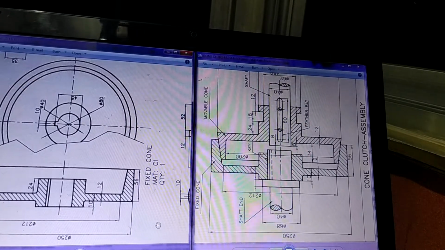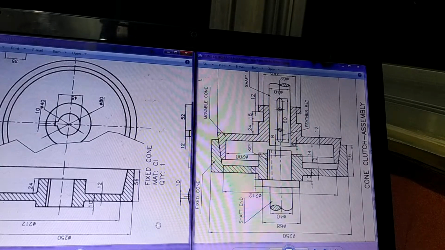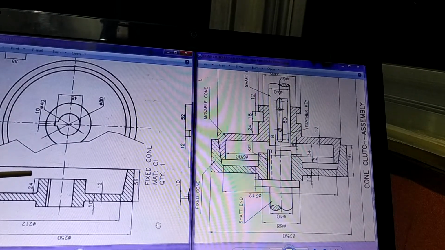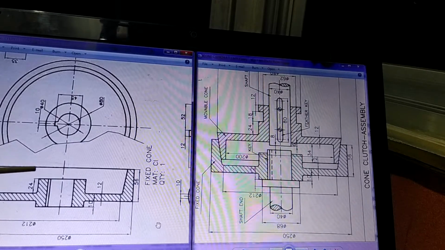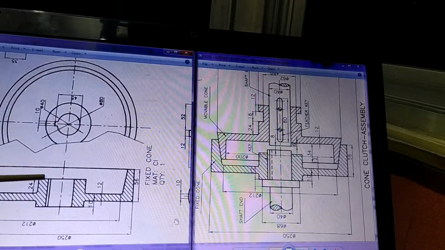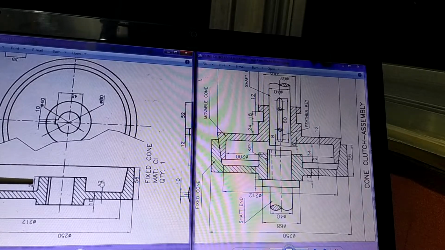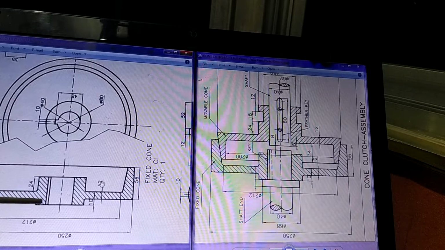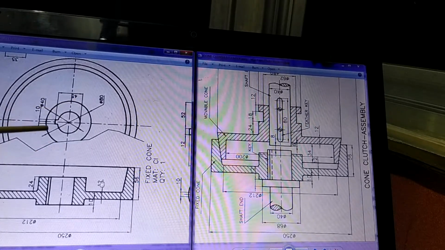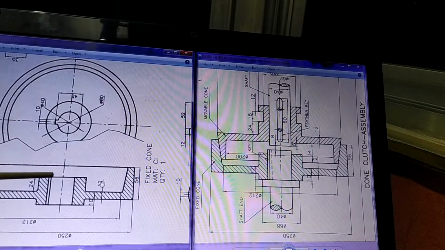So by way of these dimensions, you will be able to draw this figure, number one, and more importantly, when this figure goes to the manufacturer, the manufacturer is in a position to make this part, because he has been given all the dimensions of this part with all the different information regarding tolerances, etc. That is also mentioned sometimes.